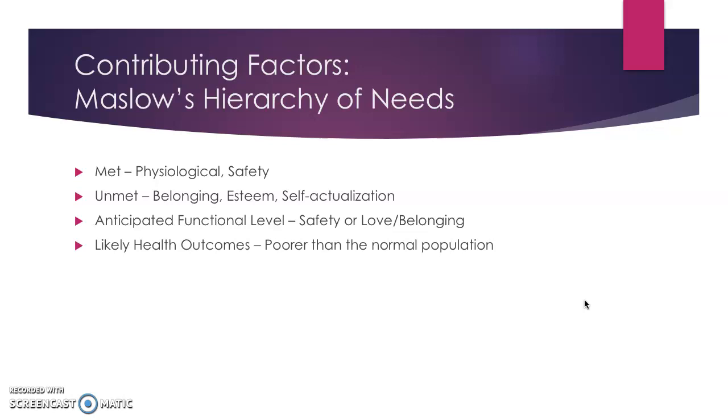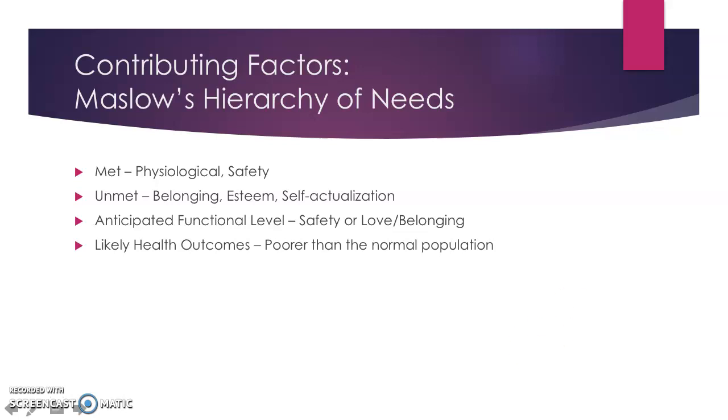Generally above that is where it gets to be a little iffy. Belonging: children with intellectual disabilities often have trouble with friendship and belonging. And then anything above that obviously can't be reached once there's kind of a crack in the pyramid. So esteem, self-esteem, confidence, achievement, respect by others, sometimes those aren't met, and then self-actualization, problem solving, and creativity, a lot of that generally is not met.